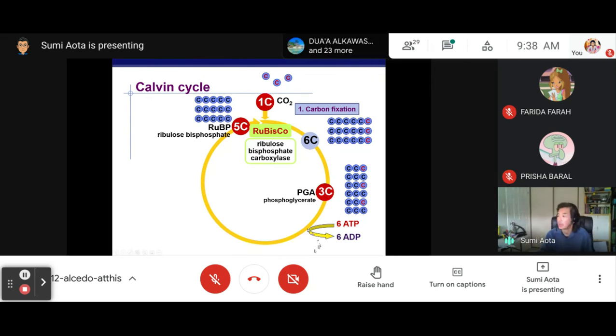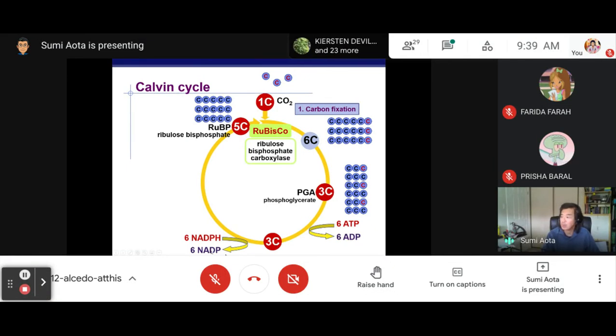So we're going to use 6 ATPs, and they're going to phosphorylate the 3-carbon molecules. I'm not going to show you the phosphorylation step. You're then going to take 6 NADPHs and reduce this 3-carbon molecule, so you're going to end up with NADP.